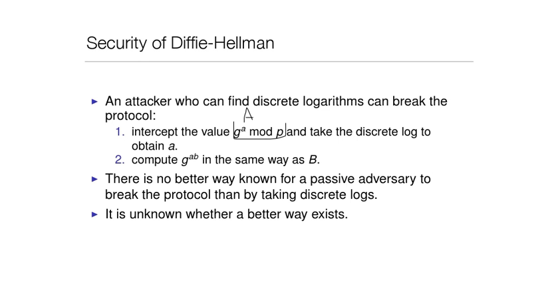Active adversary means the opposite of the passive adversary. An active adversary is the person who is actually providing values for the communication. For example, in this case, the adversary can be a person who chooses the value simple A or simple B and forces Alice or Bob to use that value in the protocol. So an active adversary is inside the operation, not just observing and trying to extract values.